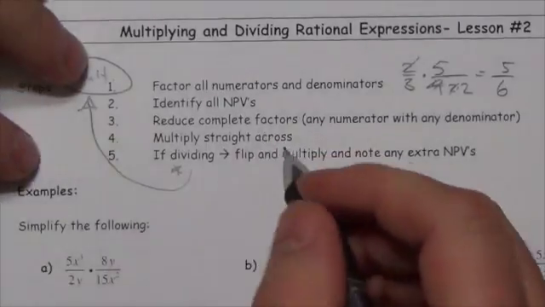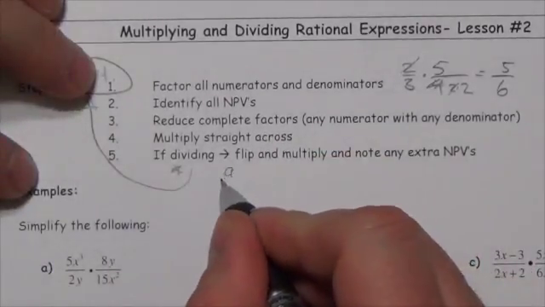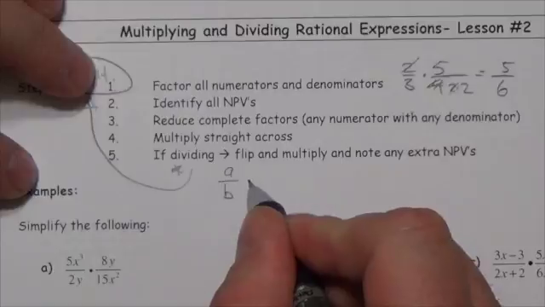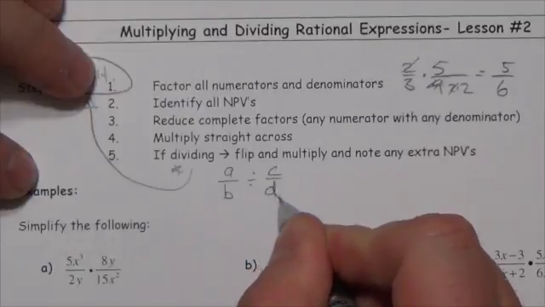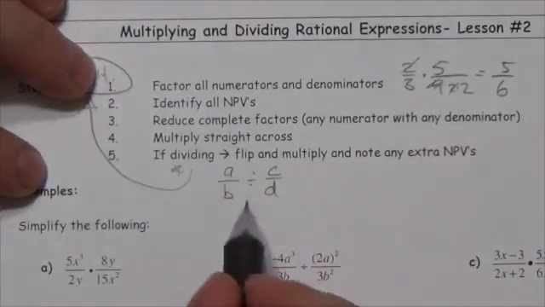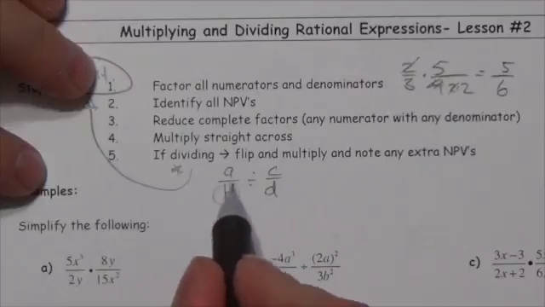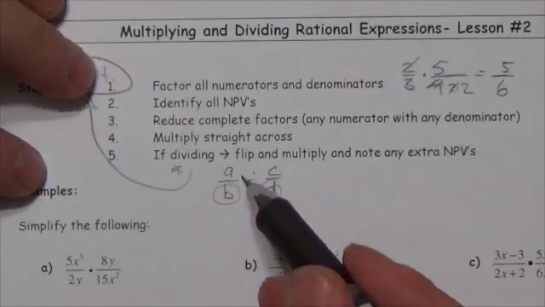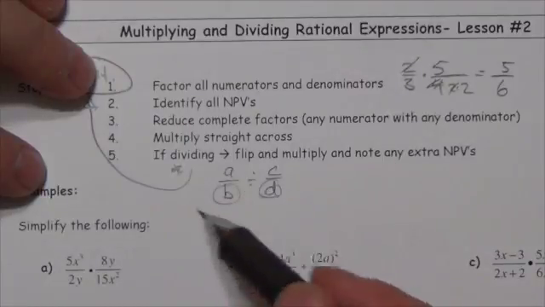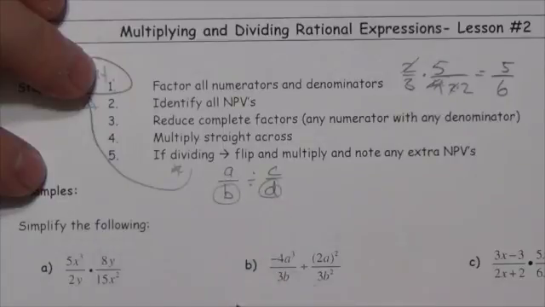When you've got two fractions, so if you've got, for example, A over B, and we're going to divide that by C over D, my non-permissibles are going to come from here and here, because either the dividend or the divisor could be undefined.